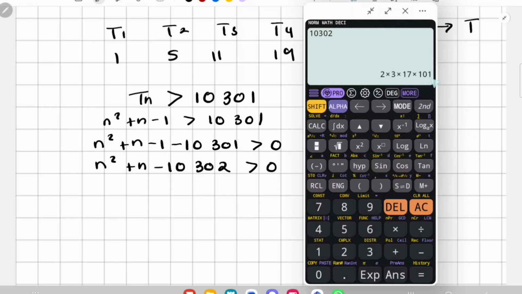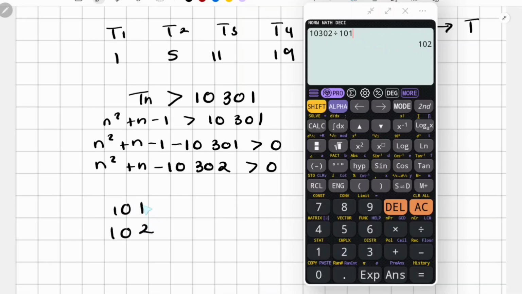So then I see 101, right? So I could just try this and say, okay, fine. What is 10,302 divided by 101? And I get 102, and it already worked instantly. So I get 102 because you see 101 and 102 as factors, right? When you multiply them, they give you 10,302.